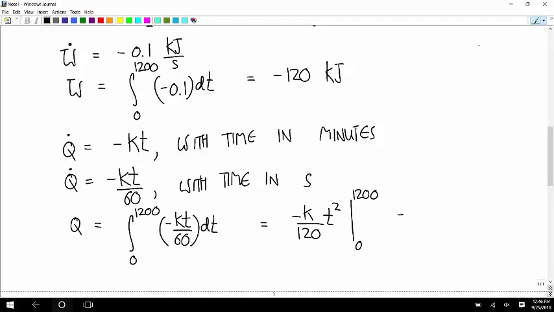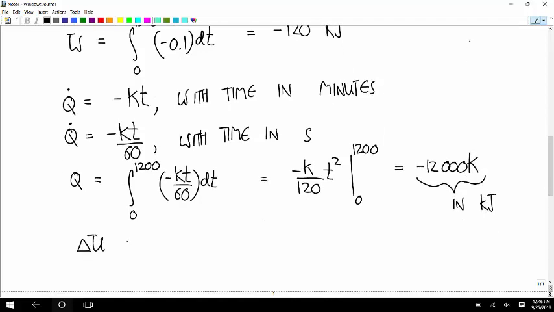And if you integrate that, you get negative 12,000 times this constant K that we don't know yet. And that's in kilojoules. But now we have all of these terms for the first law in kilojoules. So now we can put it all together.